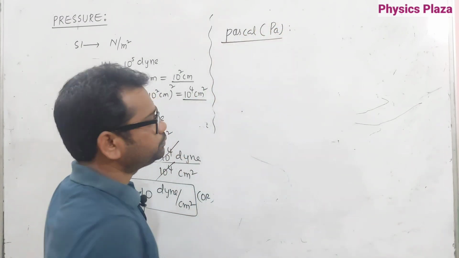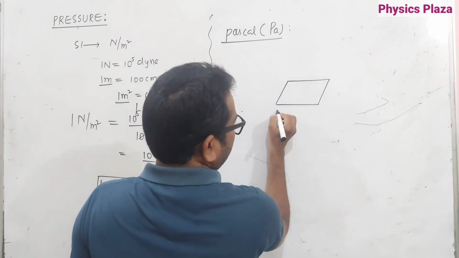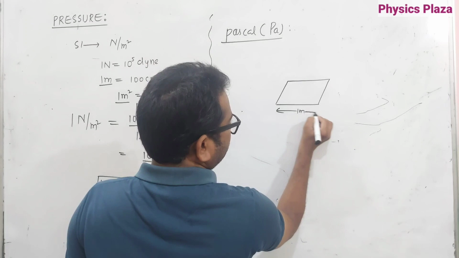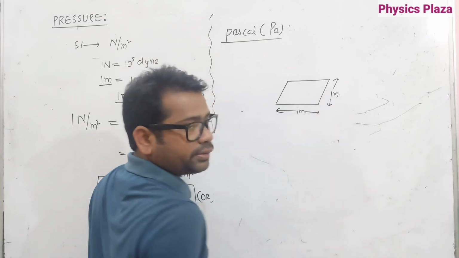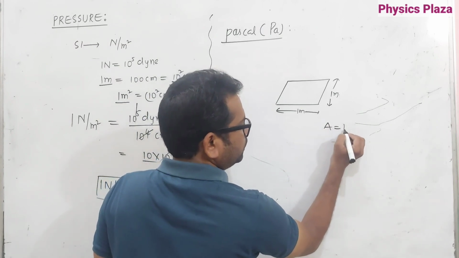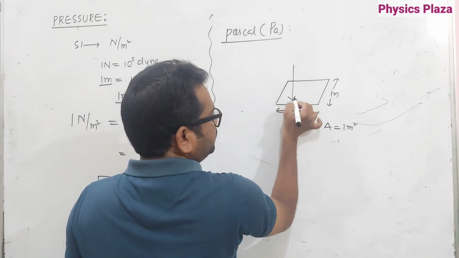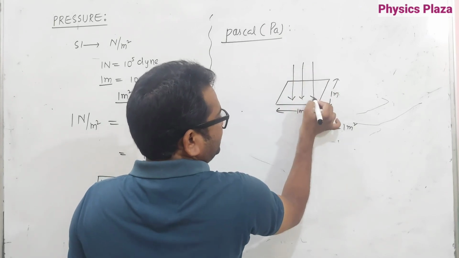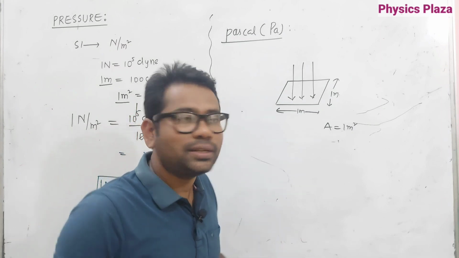Children, it's very important. See here, let us take a surface, with a 1 meter length and a 1 meter width. What is the area here? Of course, 1 meter square. Okay, fine. Now here is a force acting perpendicular to the surface. It's called thrust. How much thrust is acting?